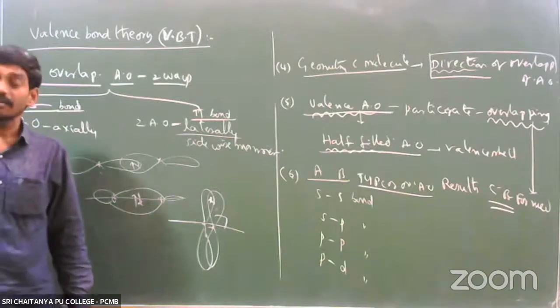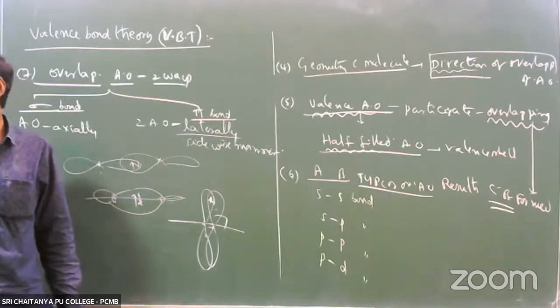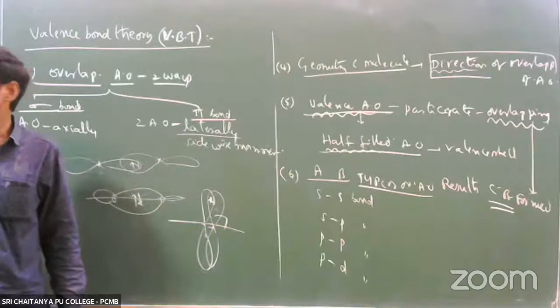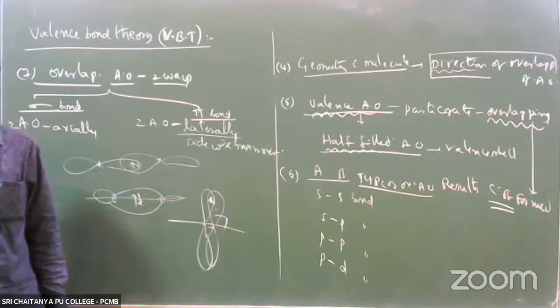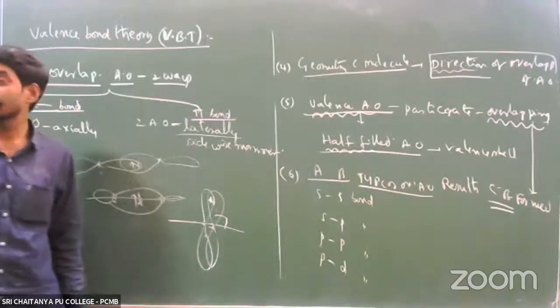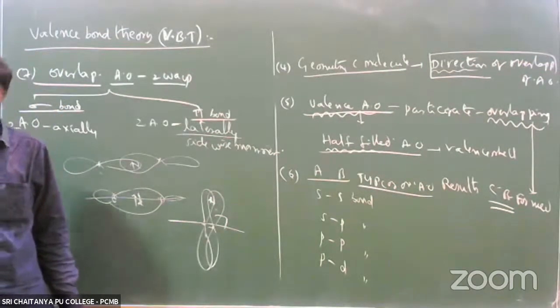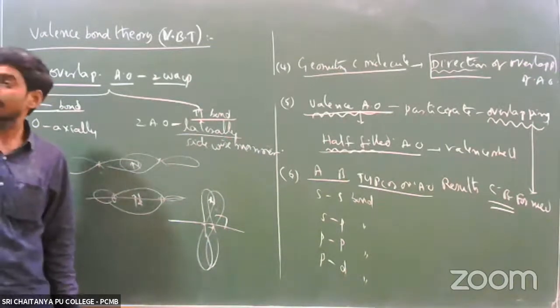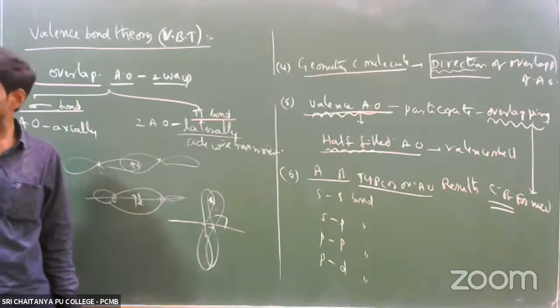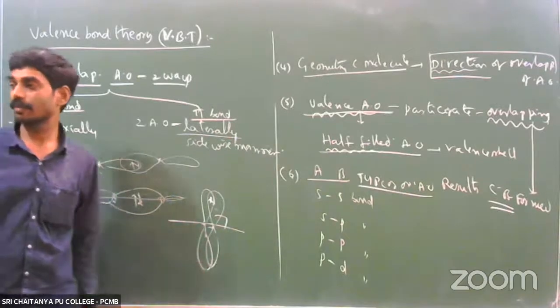That is, unhybridized orbitals or pure atomic orbitals within the atom. Only those atomic orbitals undergo sigma bond formation. But the pi bond is formed by pure atomic orbitals, s, p, d, f, and also hybrid orbitals, sp, sp2, sp3, right?